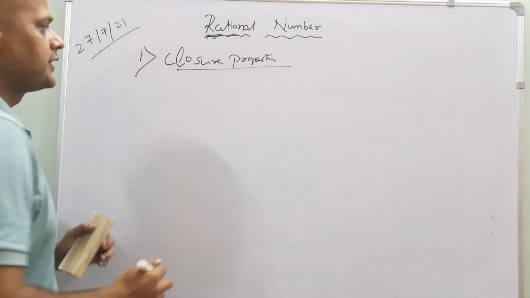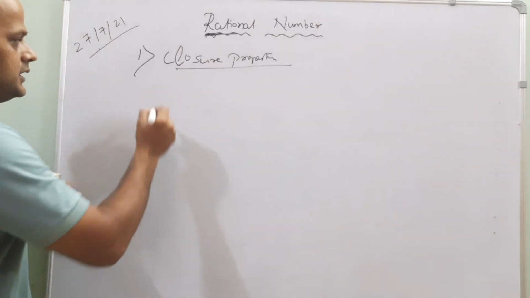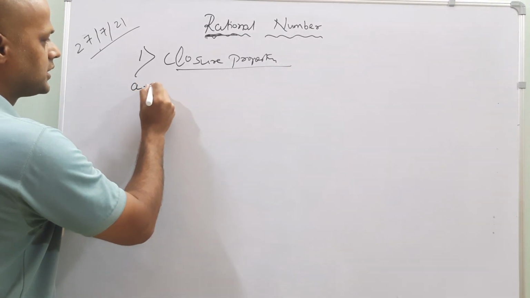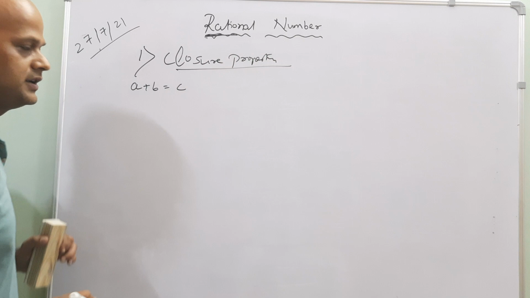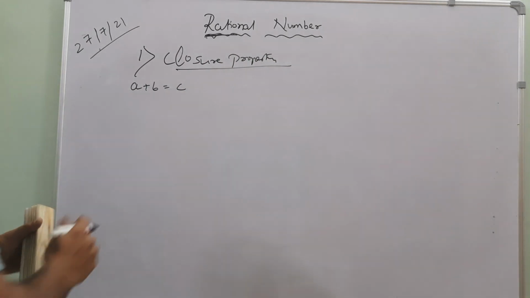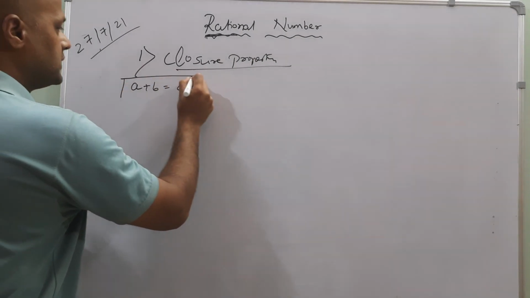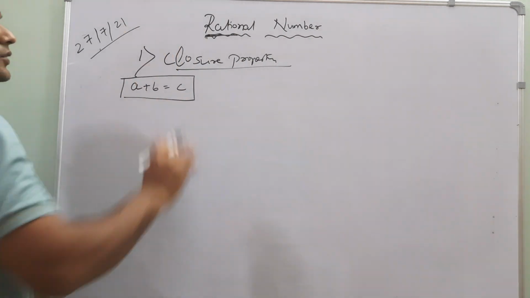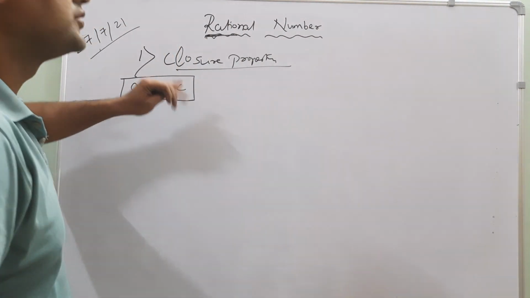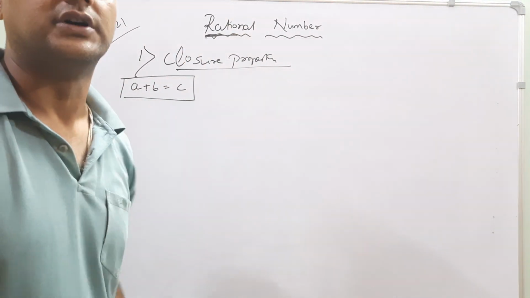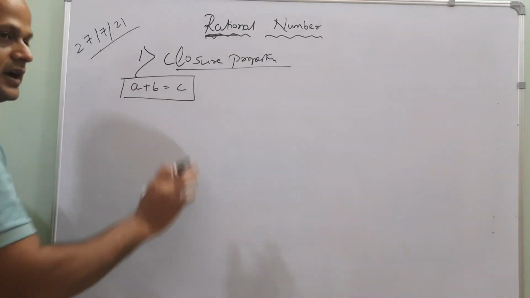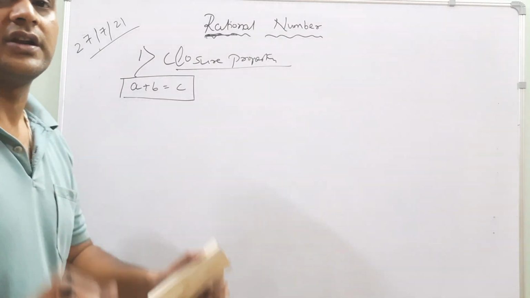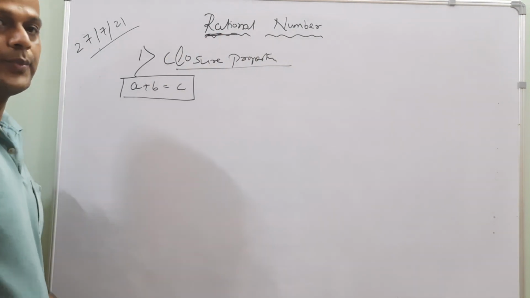What is a closure property? One by one we will discuss. If two rational numbers are added with each other, and the result is also a rational number, then it follows the closure property.